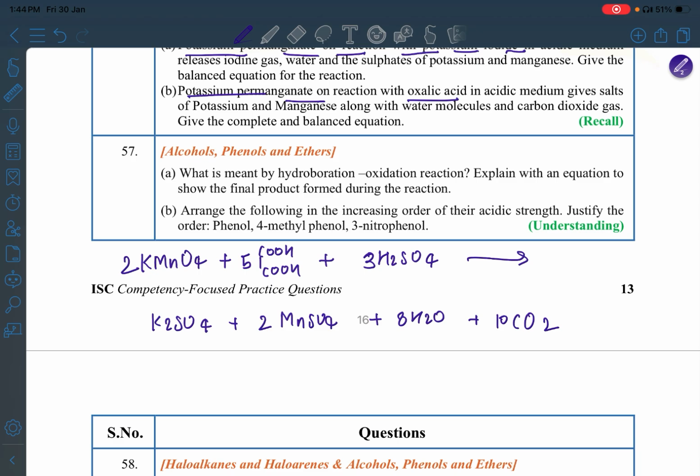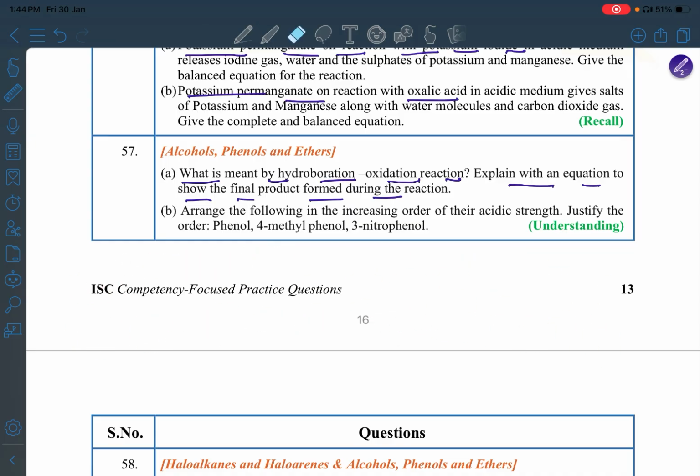Okay. Now question number 57. What is meant by hydroboration oxidation reaction? Explain with the equation, showing the final product formation. Hydroboration oxidation is where we first do the boration. I'm taking a simple alkene, CH3CH=CH2. This alkene first reacts with BH3 in the presence of THF. We also take B2H6 because of the low stability of BH3.